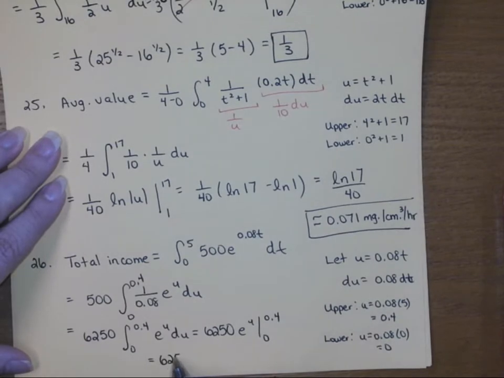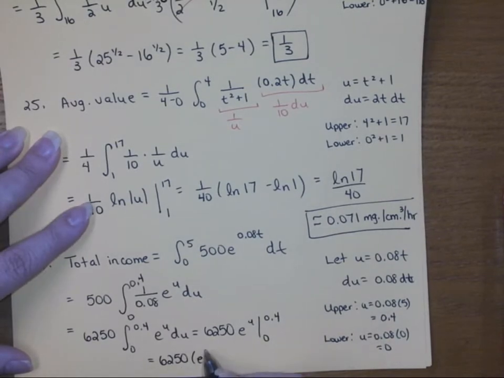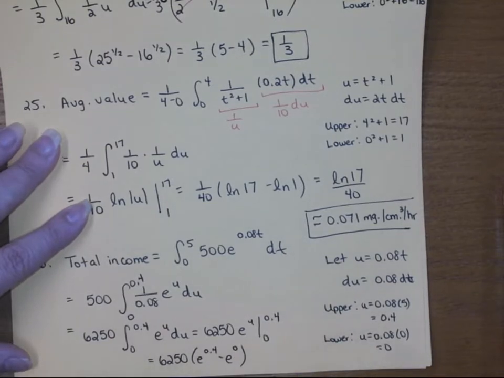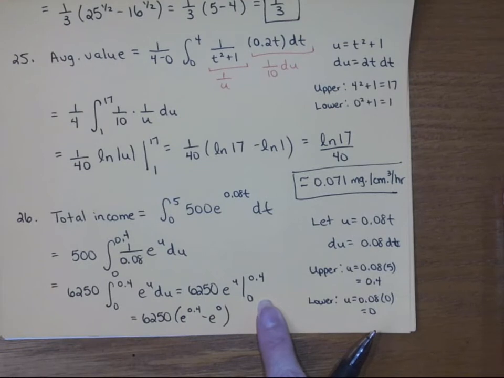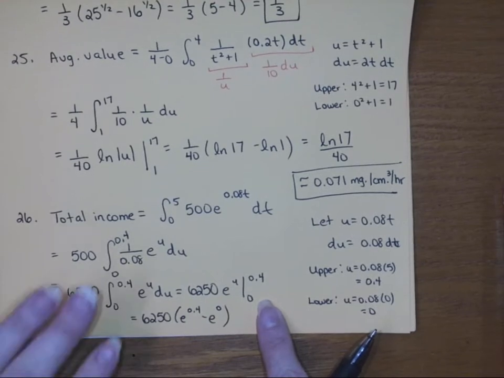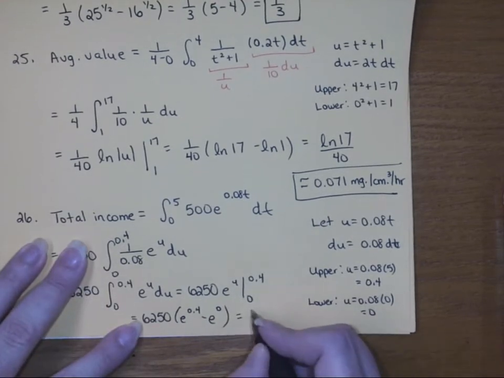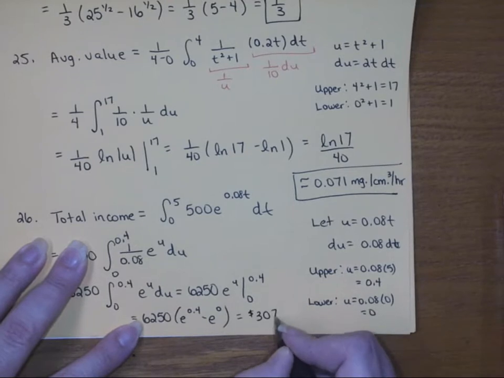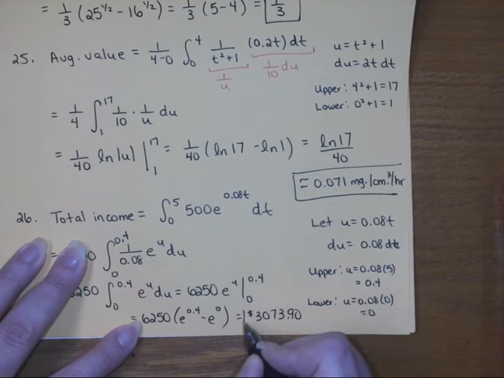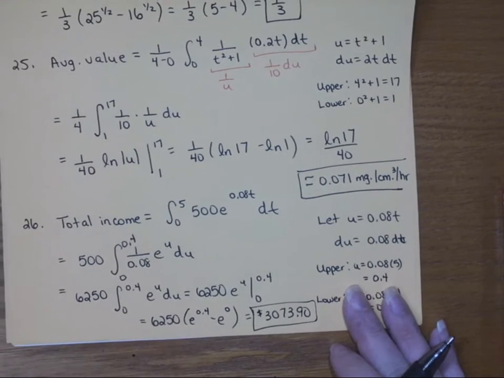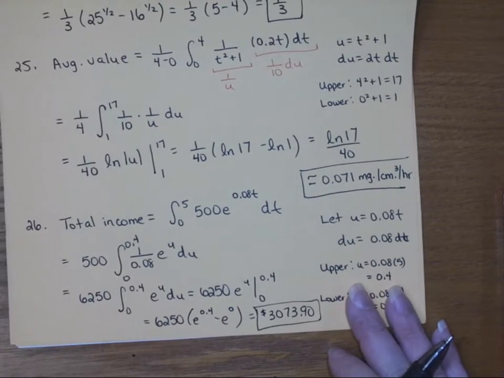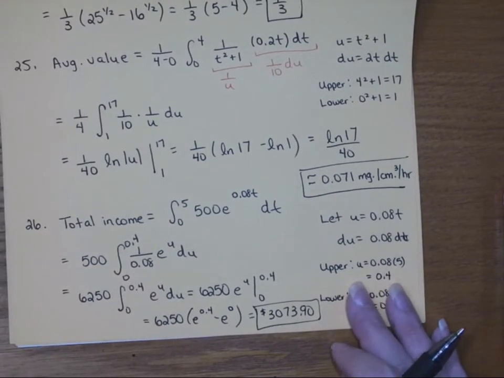So this is going to be 6,250 times e to the 0.4 minus e to the 0. Be careful of just assuming that it's always 0 when you plug in 0, because in this case it's not. E to the 0 is actually 1. So if you plug this in your calculator, you're going to get about $3,073.90. So if you have the rate, if you have the derivative and you want to go back to the original, use the antiderivative.